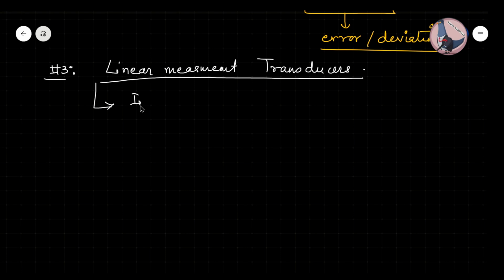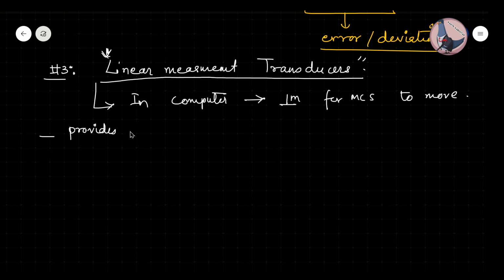Suppose in the computer you put the value of 1 meter for the machine coordinate system to move. Now, which system will move it 1 meter? That is taken care of by the linear measurement transducers. It actually provides position feedback within the working range.